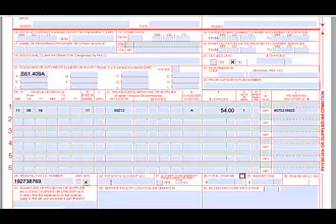Indicate that this is an EIN number. We go ahead and put in the patient's account number. We accept assignment. That would be item number 27.